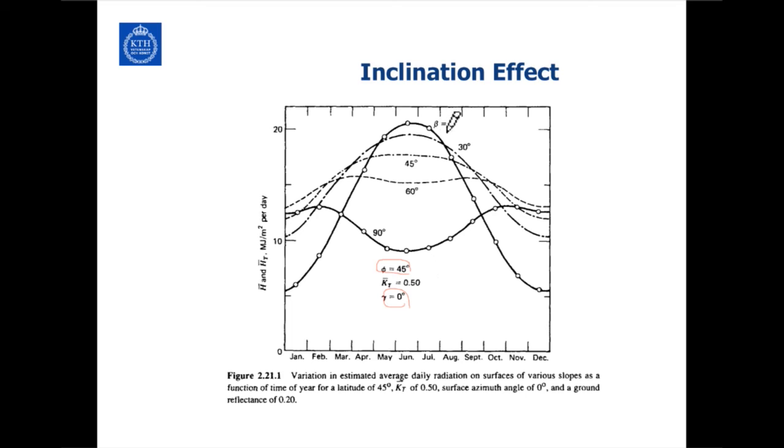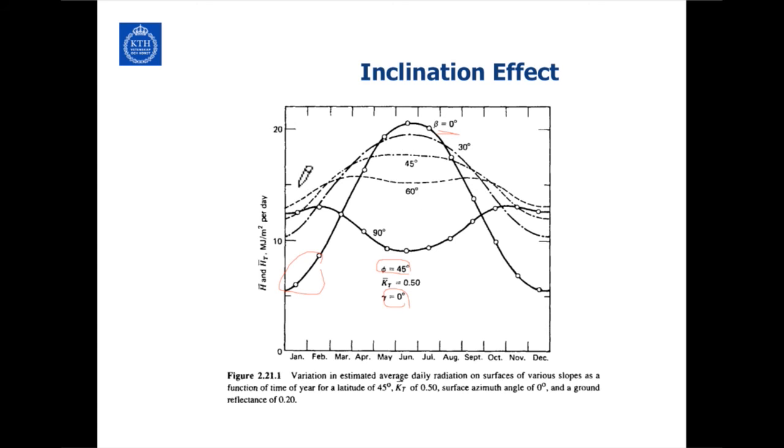When it is horizontal, beta is equal to 0, and of course during the summertime the sun is reasonably on top of your head, so you get the maximum radiation collection, in terms of megajoules per meter square or watts per meter square. The maximum collection takes place during the summertime, and during the winter time the radiation is quite small. In fact, there is a reduction of more than a half.